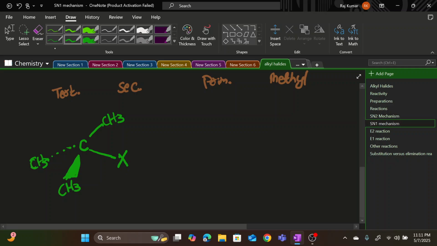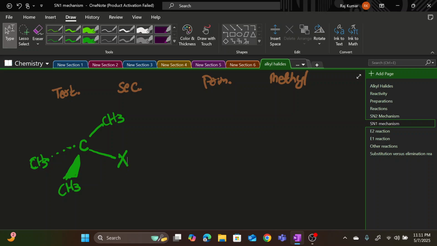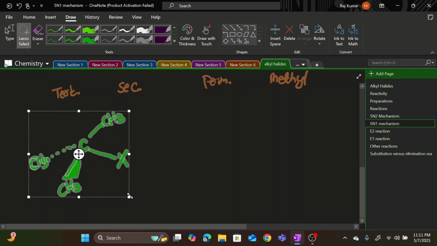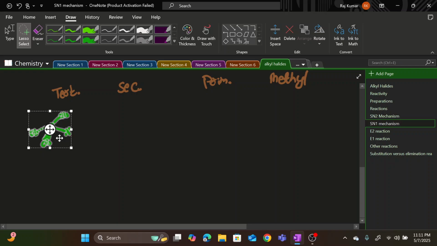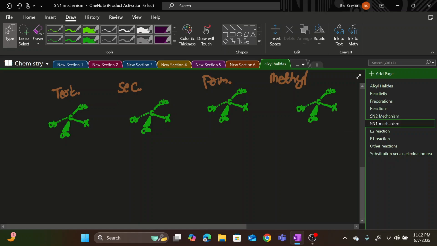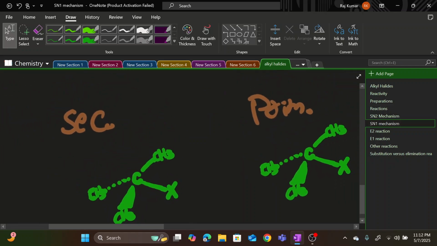This is the structure. Let me try to make it a bit small. Let's draw another one, and one more. All right, now let me make a few changes to these.